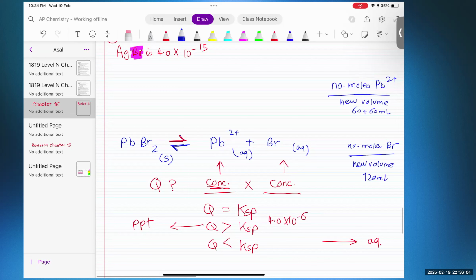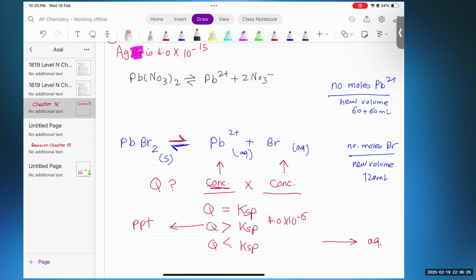What is the number of moles of lead? How can I find it? He gave me already the volume and the concentration. Multiply them. Lead nitrate breaks down into lead and 2 nitrates.